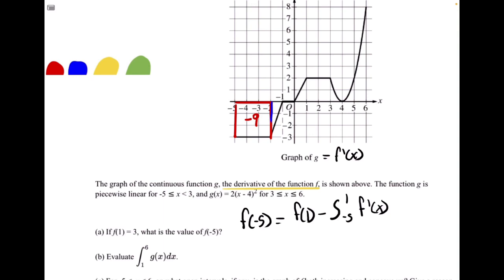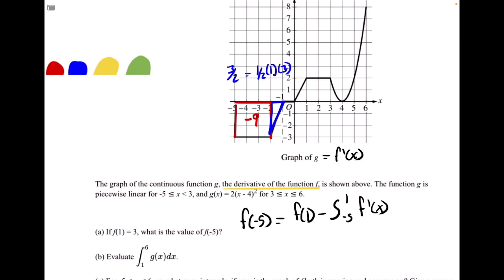And from -2 to -1, with this little triangle right here, we get this value by multiplying 1/2 by the base and height. The base would equal 1 and the height would equal 3, which gives you 3/2.